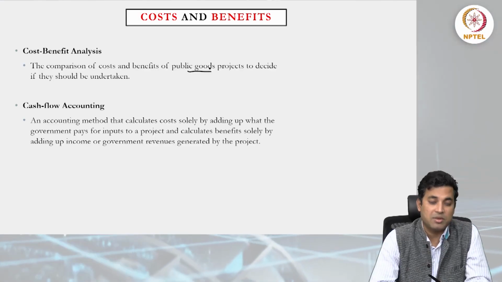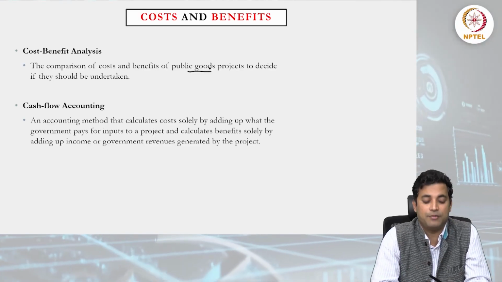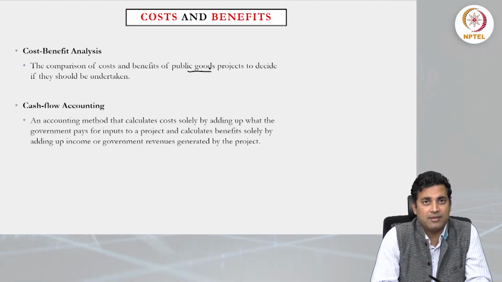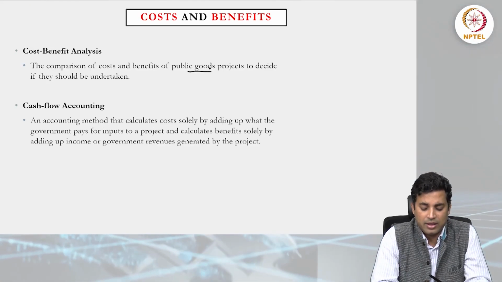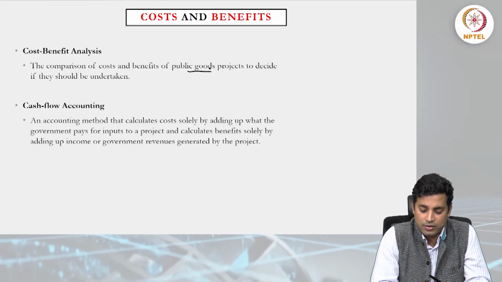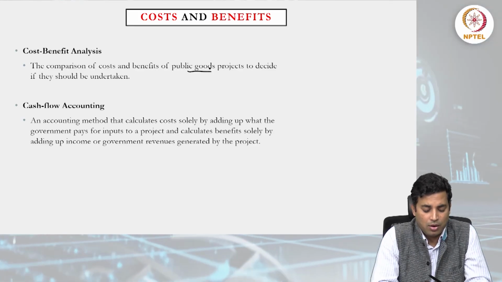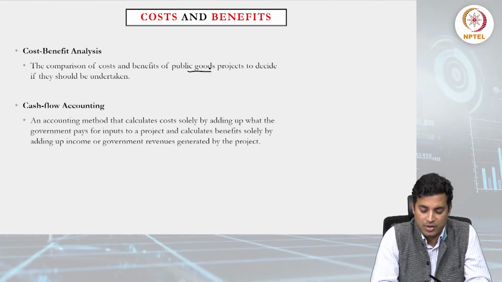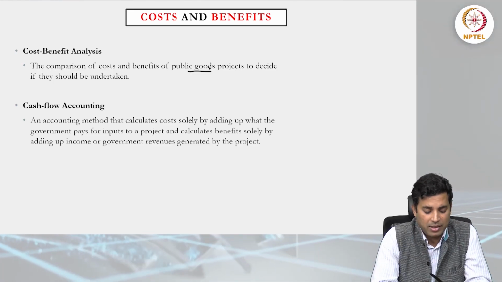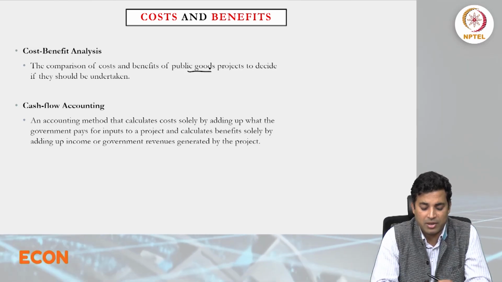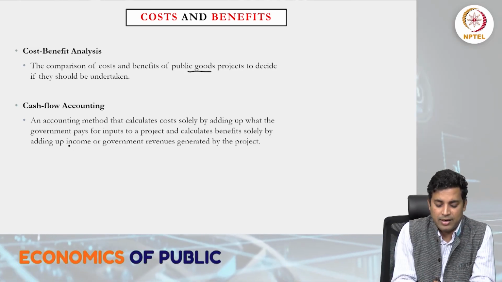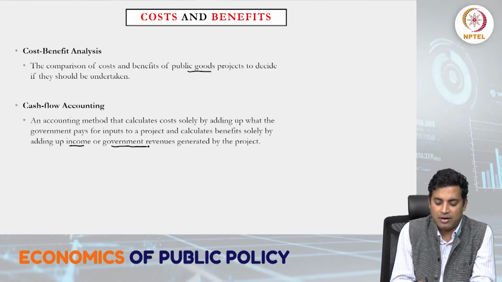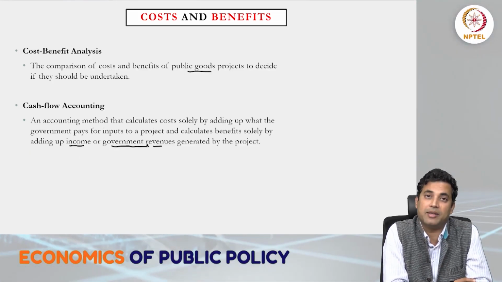In cost benefit analysis, another concept one really needs to keep in mind, especially from the policy maker's point of view, is cash flow accounting. It is an accounting method that calculates cost solely by adding up what the government pays for inputs to a project, and calculates benefits solely by adding up income or government revenue generated by the project.